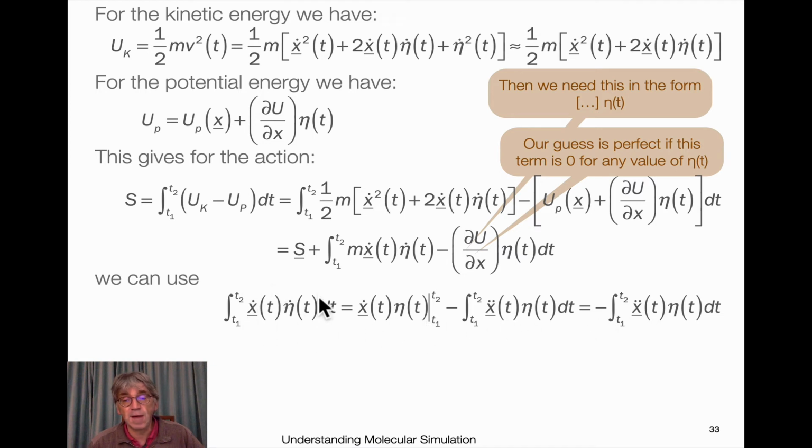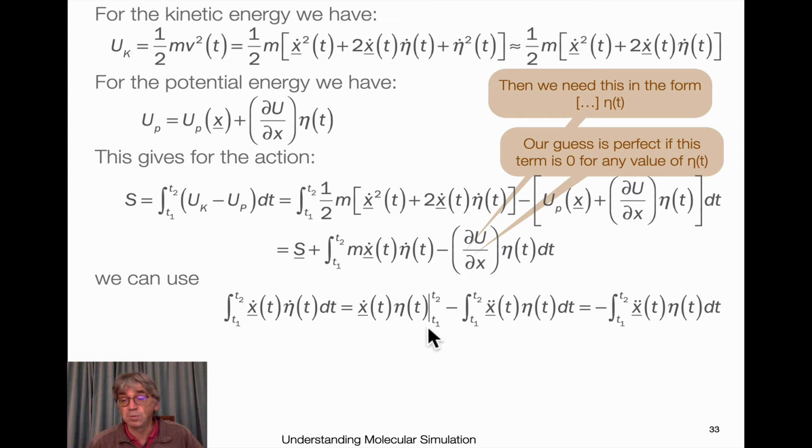If you have a product of x dot and eta dot, you upgrade this one here and you downgrade this one. But at the boundaries, we have said by definition that eta is 0 at T2 and T1.